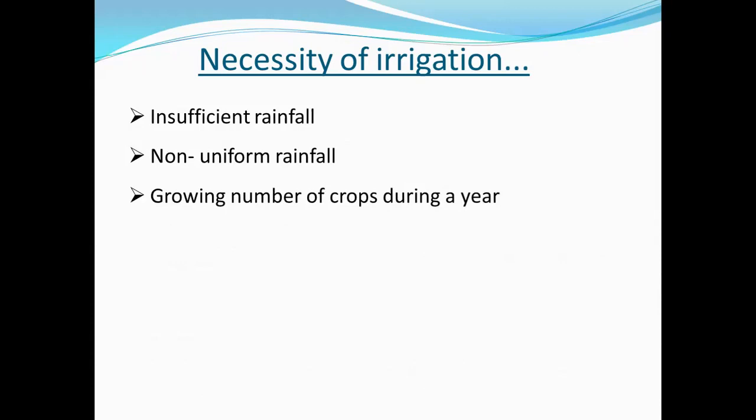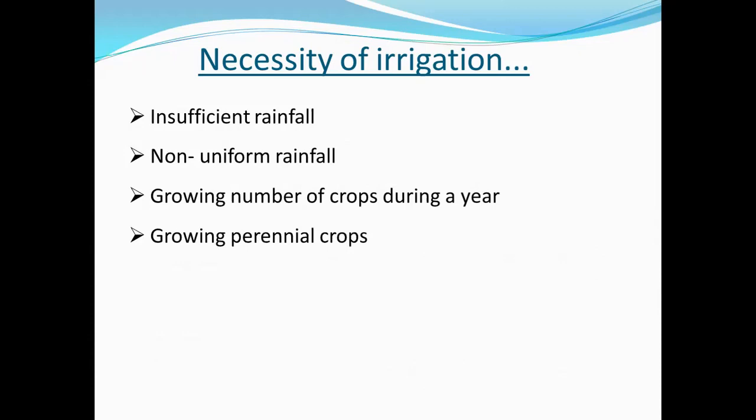However, in the same region, if more crops are to be grown during the same year, irrigation is necessary. During the rainy season, you know there is no need of any water. But if there are two or more crops growing in the same field, you definitely need so much water content, and that's why irrigation is necessary.